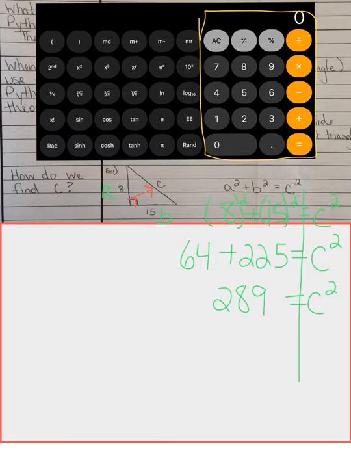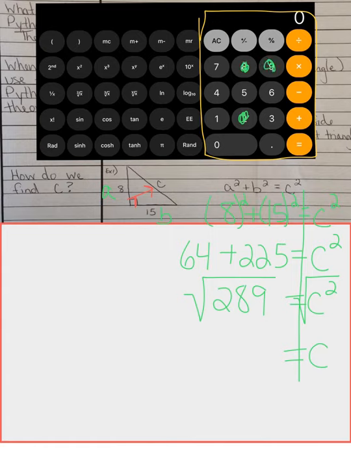So this is where our calculator is going to be important. We need to do the opposite of squaring a number, which is the square root. So we're going to take the square root of both sides to just get c all by itself. So you would literally type in your calculator, you can see I have the 0 key up there, you would type in the 2, and then the 8, and then the 9.